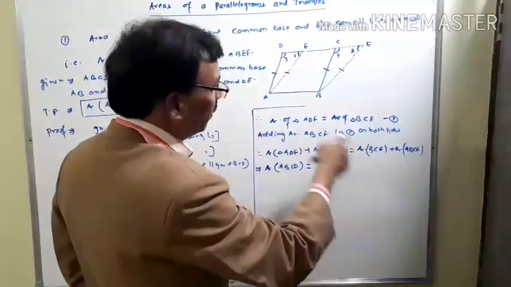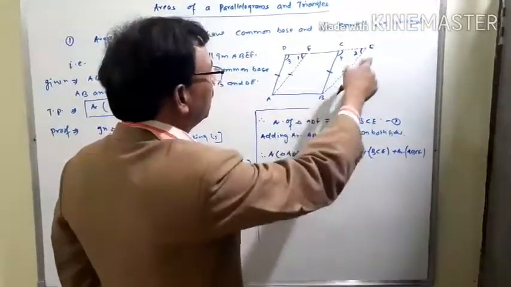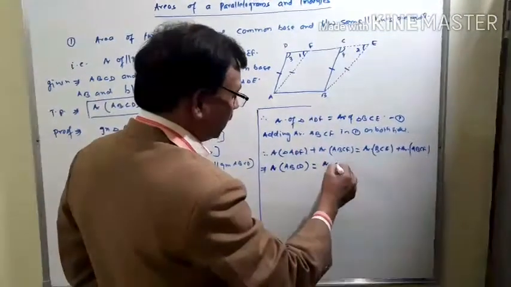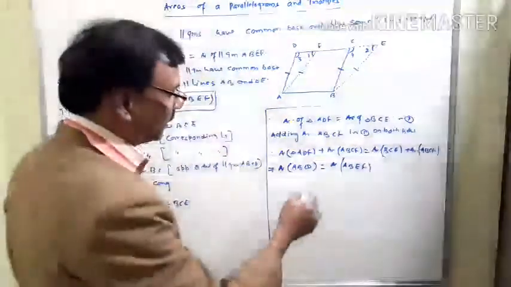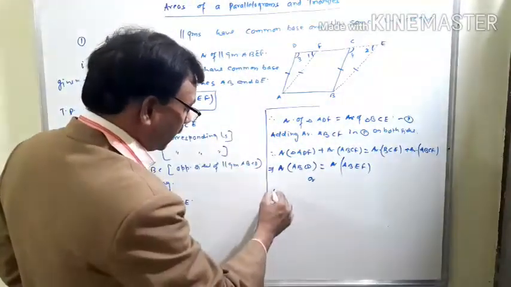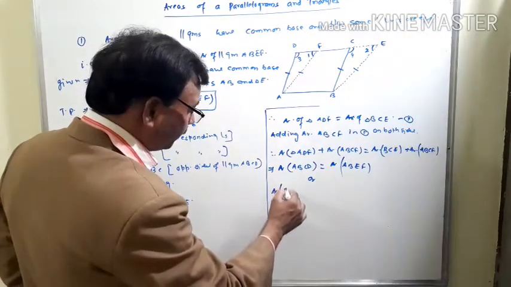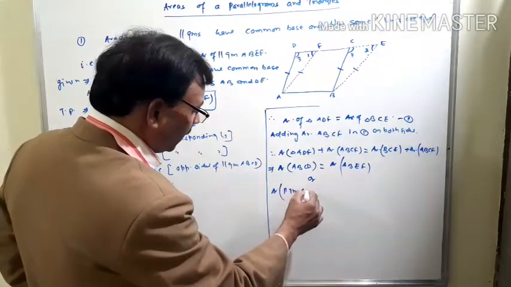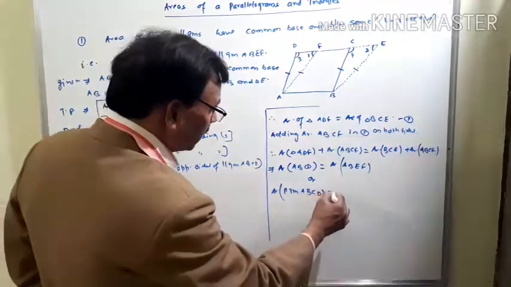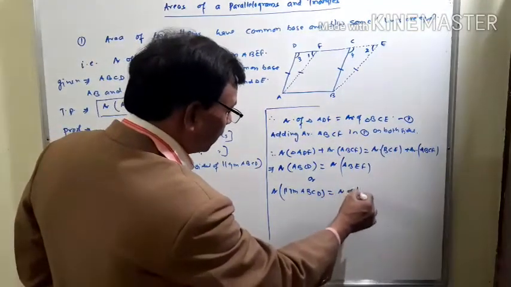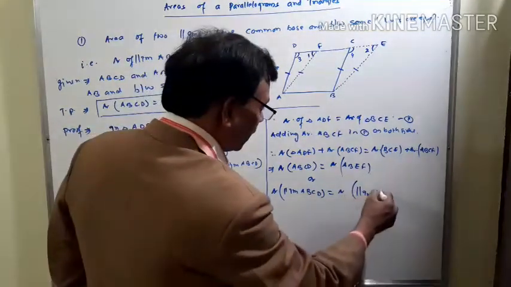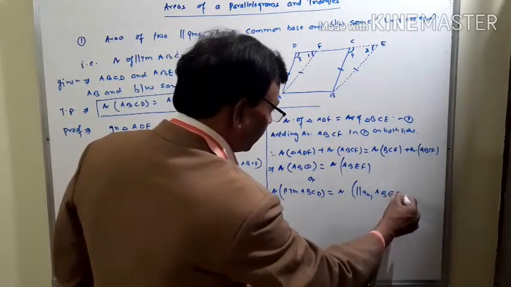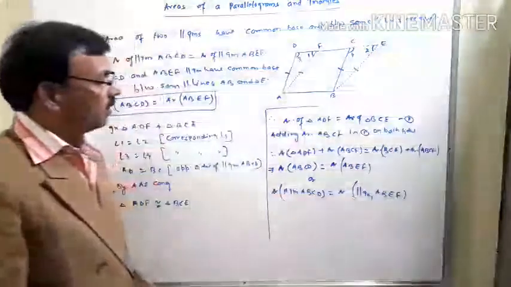Therefore, this forms area ABEF. Now we can say that area of parallelogram ABCD is equal to area of parallelogram ABEF.